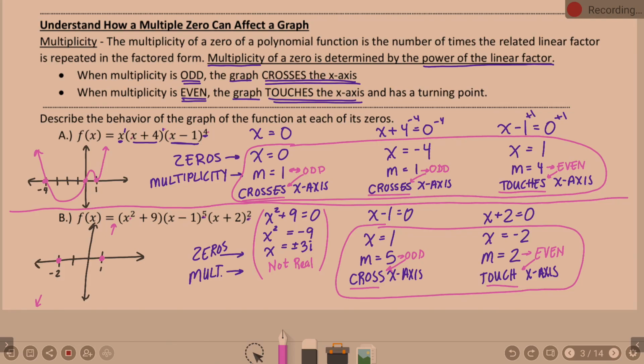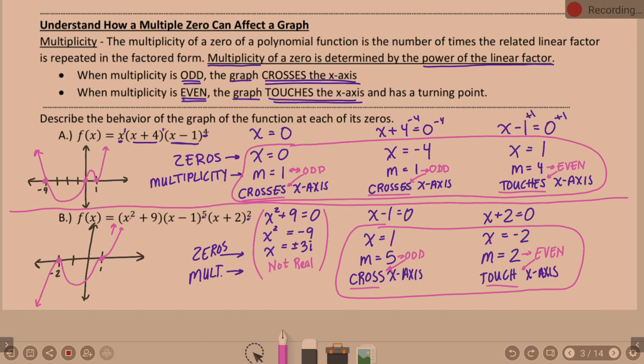Now, what did we say we were doing at negative 2? We said we were going to touch. So I'm going to go up to negative 2, touch it and turn around, come back down. And then at 1, we said we're going to cross. But because it's a higher multiplicity, my graph kind of curves its way through there. So the higher the multiplicity, your graph will flatten out more at that crossing point. Okay? So it looks something like that.